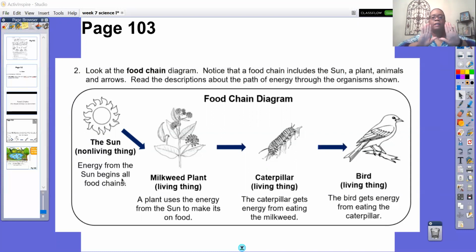You saw my hand? The plant gives its energy to the caterpillar. So the caterpillar is getting its energy from the milkweed plant. Next, the bird. The caterpillar is going to give its energy to the bird. So the bird is getting its energy from the caterpillar.